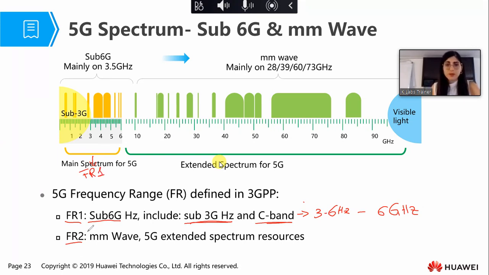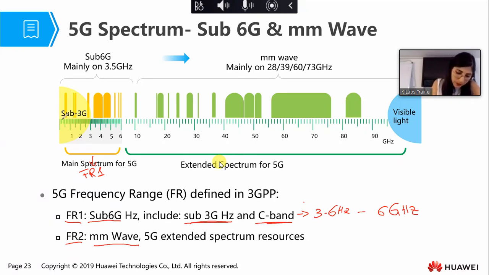Then we also use frequency range 2, which is the millimeter wave, from 6 gigahertz to more than 19 gigahertz. This spectrum is also called millimeter wave because the wavelength of our signal is in the order of a millimeter. So let us see the advantages and disadvantages of these three bands, basically.